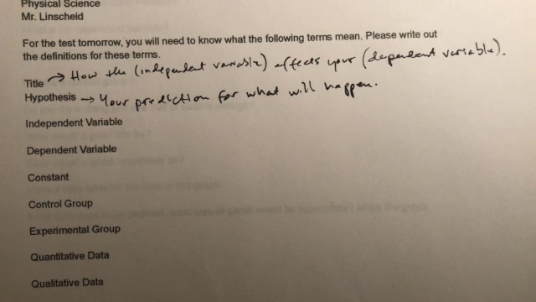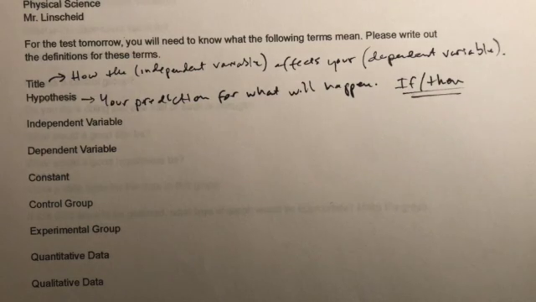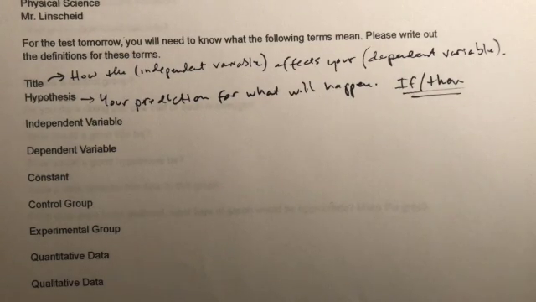You're trying to be specific, and you're saying if you change something about the independent variable, then something about the dependent variable will change in a certain way. You don't want to be vague, but the main thing is, remember, you want this to be an if-then statement. If you do something, then something else specifically will happen.